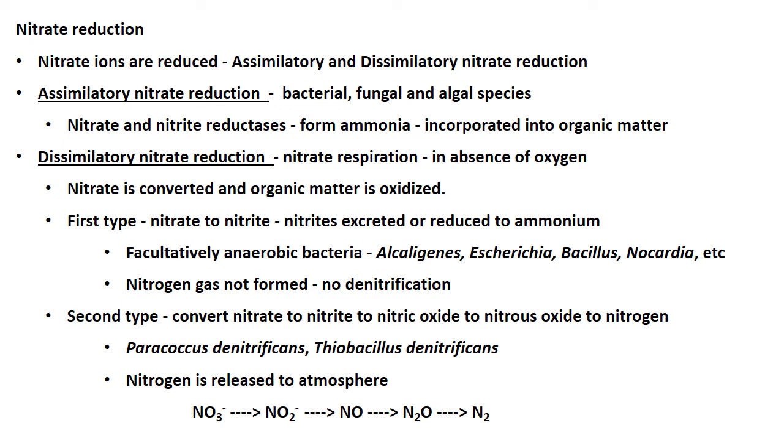So nitrate reduction, there are two types, assimilatory and dissimilatory nitrate reduction. And in dissimilatory nitrate reduction, again there are two types. First type, nitrate to nitrite and sometimes to ammonia. And then in the second type of dissimilatory nitrate reduction, the nitrate is converted to nitrogen.